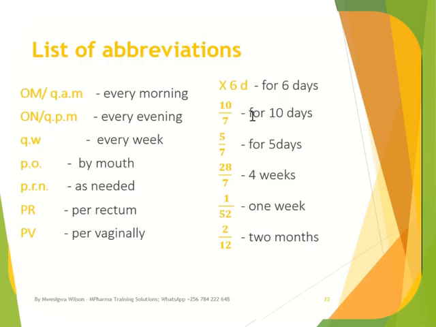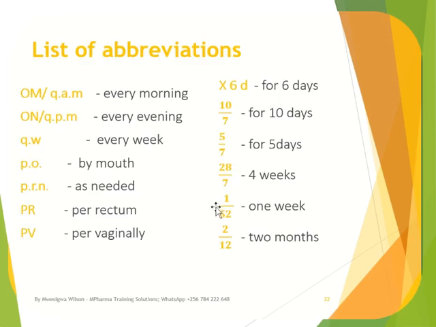Now, times of days are also key on the prescription. Times 6 days. So 10/7, always this 7 means a week, so this is 10 days. 5/7, 5 days. Again, this one means a week. So 28/7 means 4 weeks.